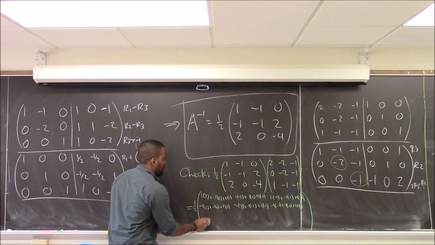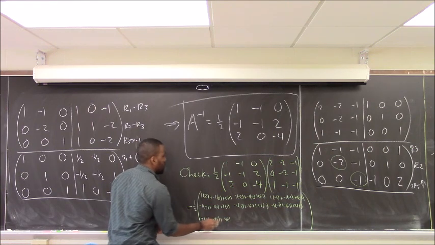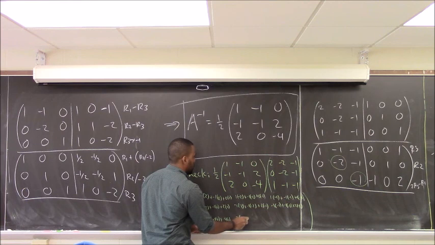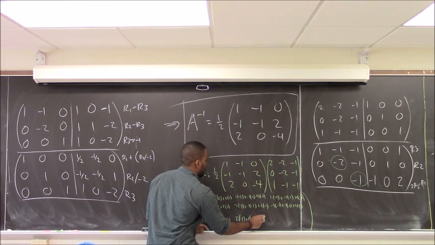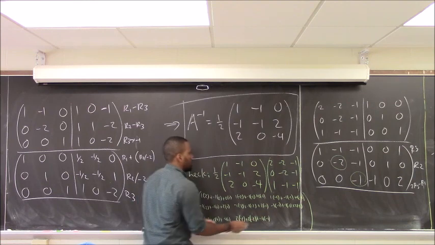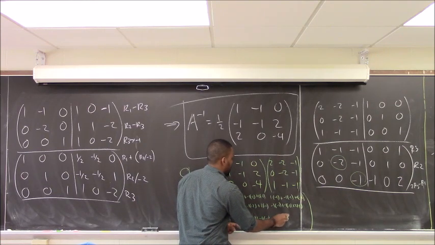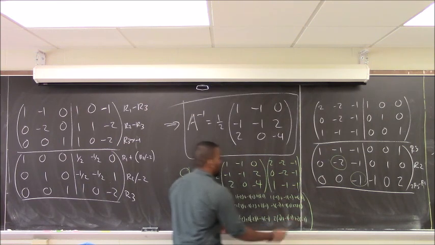2 times 2 plus 0 times 0 plus minus 4 times 1, 2 times minus 2 plus 0 times minus 2 plus minus 4 times minus 1, 2 times minus 1 plus minus 1 times minus 1 plus 2 times minus 1.